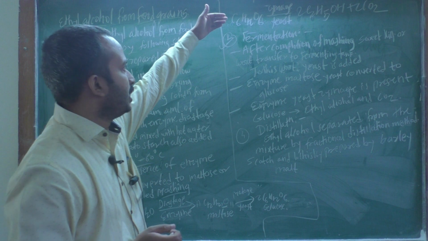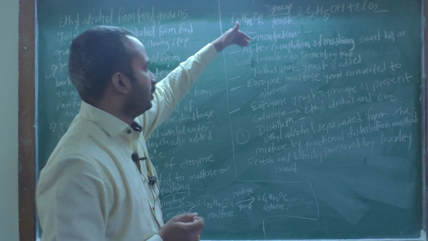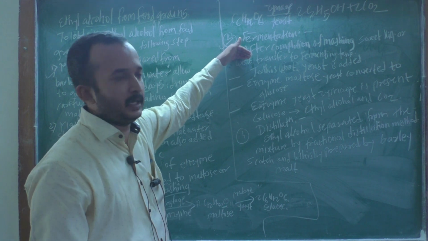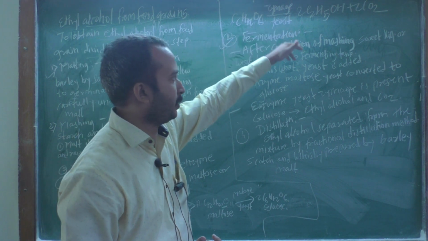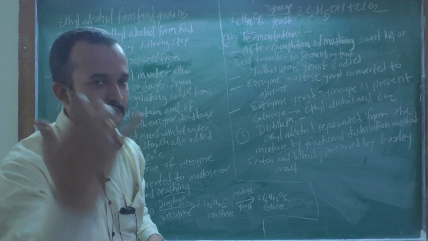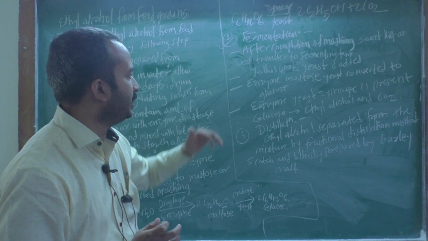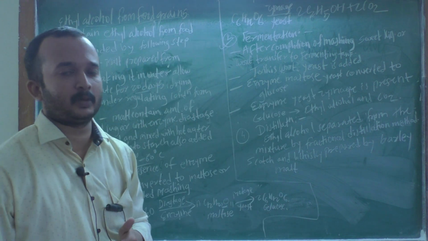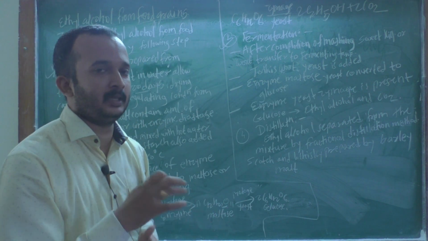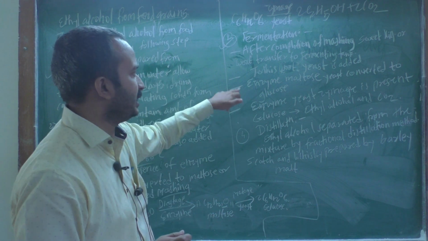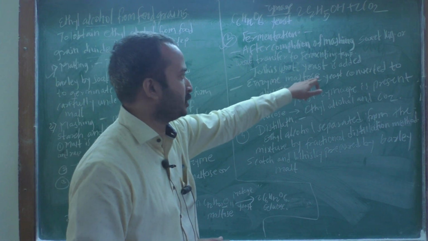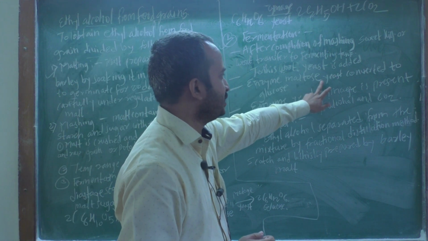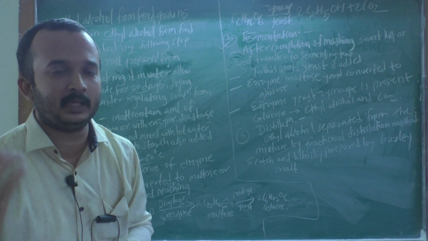Then in this tank, yeast is added to the wort. That yeast is the enzyme maltase yeast, and that yeast converts it to glucose.